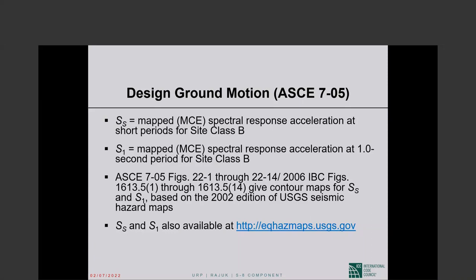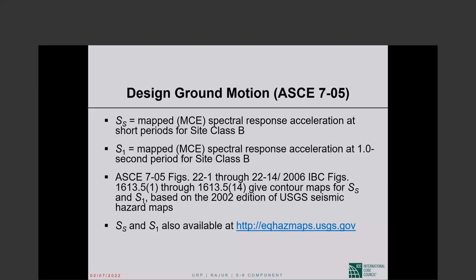So again, S sub s is the mapped maximum considered earthquake spectral response acceleration at a period of 0.2 second for site class B. S sub 1 likewise is the mapped maximum considered earthquake spectral response acceleration at a period of 1 second, also corresponding to site class B.